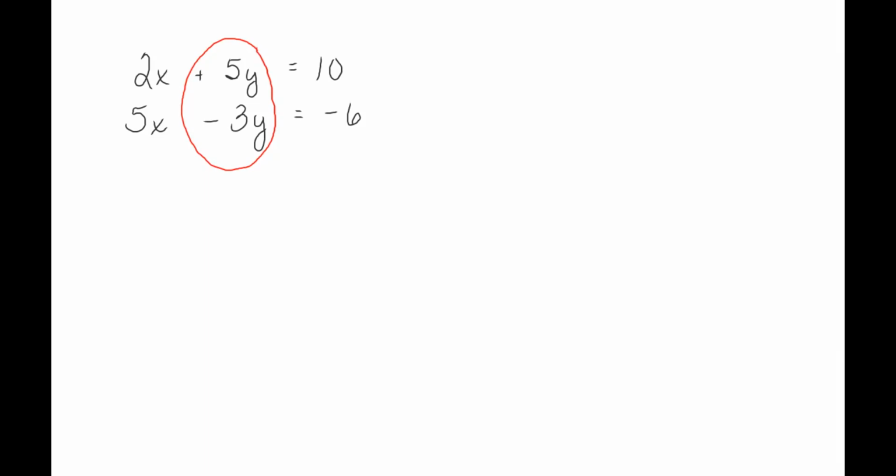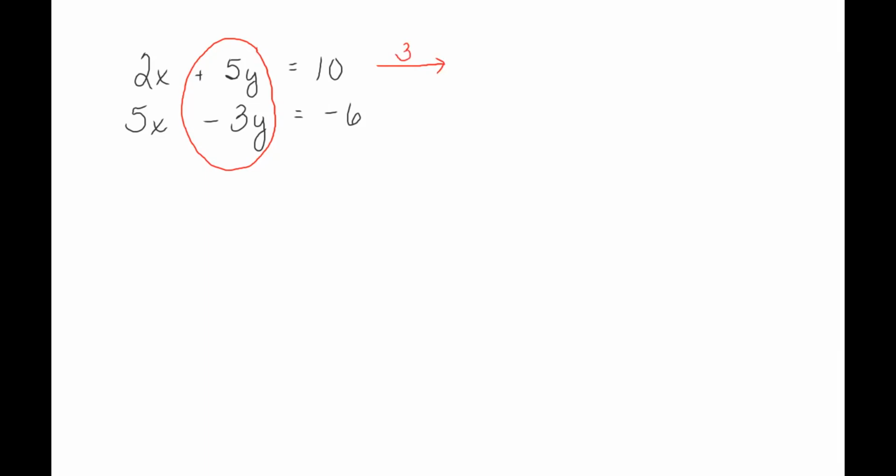And to get to 15, I'm going to multiply the first equation by what? 5 times what would give me 15? 3.